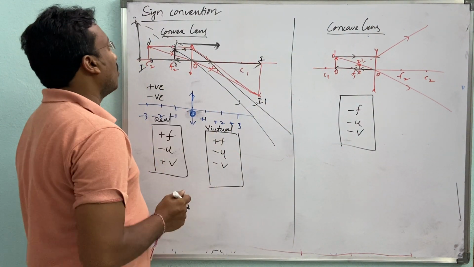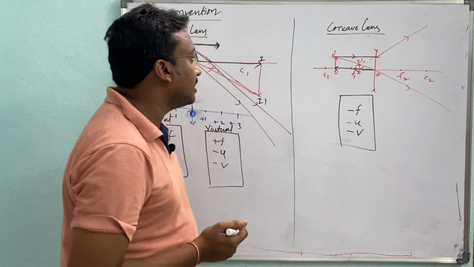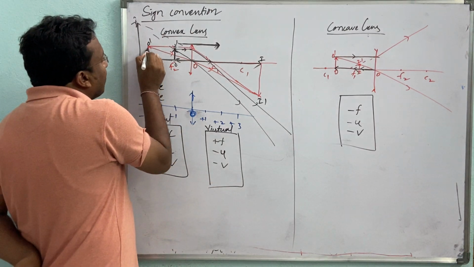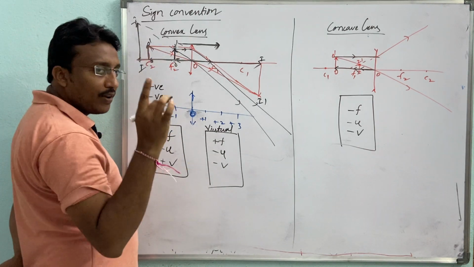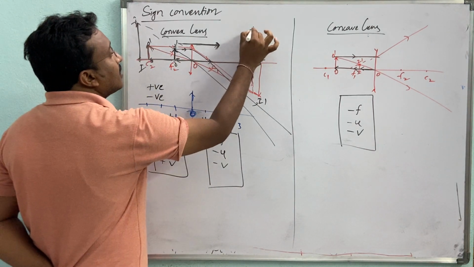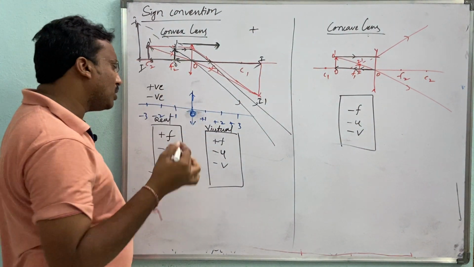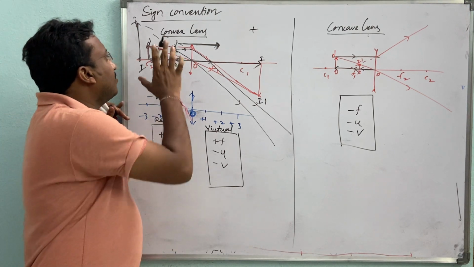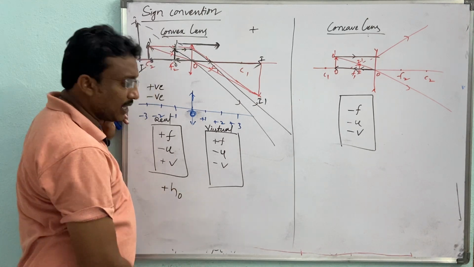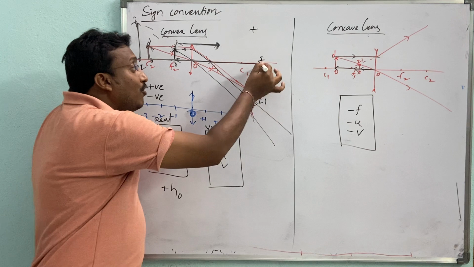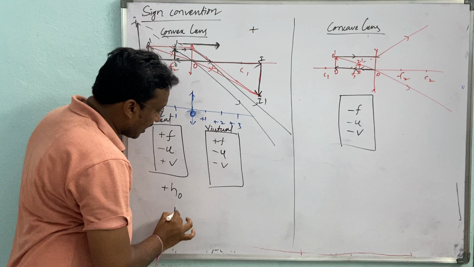And one more rule. If the height of the object or height of the image is vertically above the principal axis, we have to take plus. Most probably we will take the object above the principal axis only, so HO becomes plus. If the image is formed below the principal axis, we have to take minus.